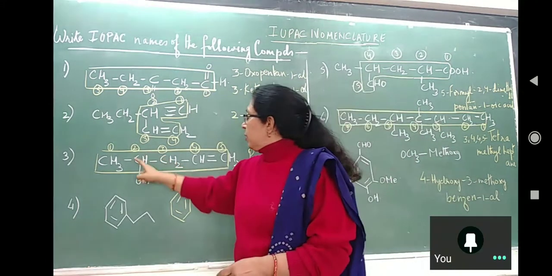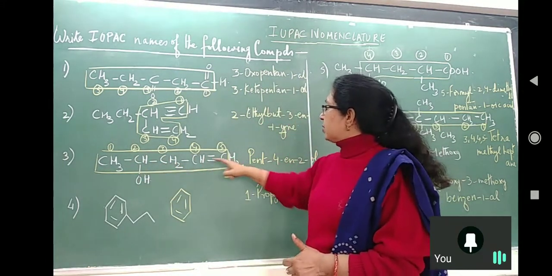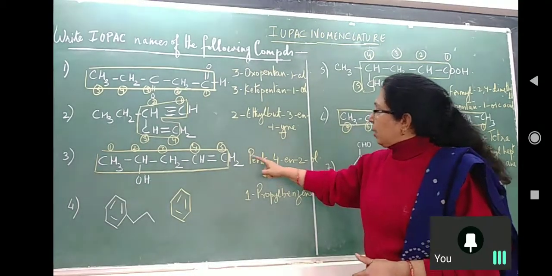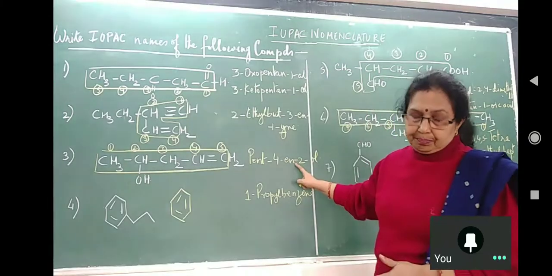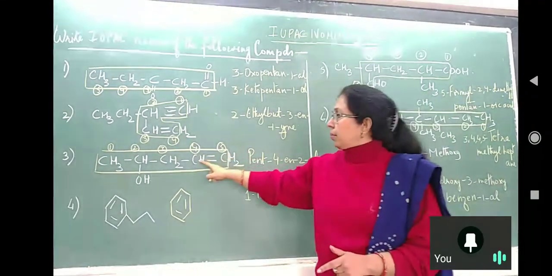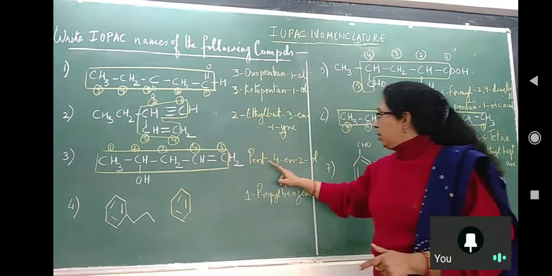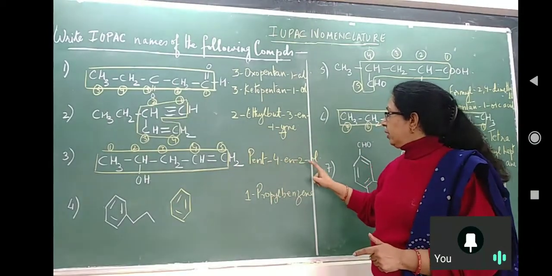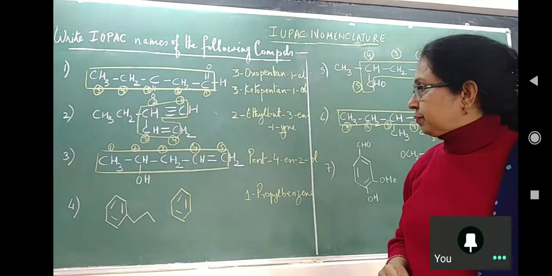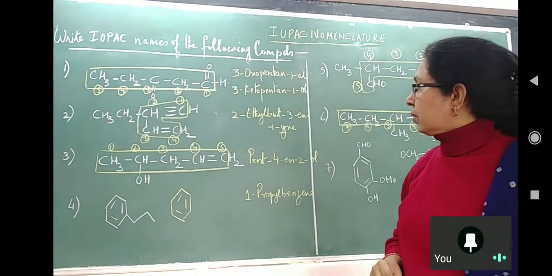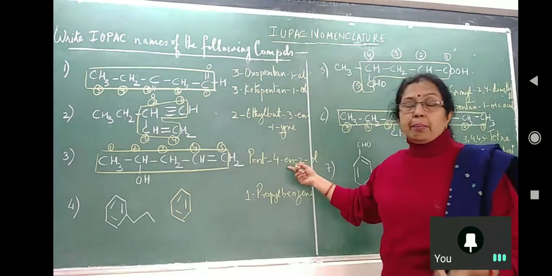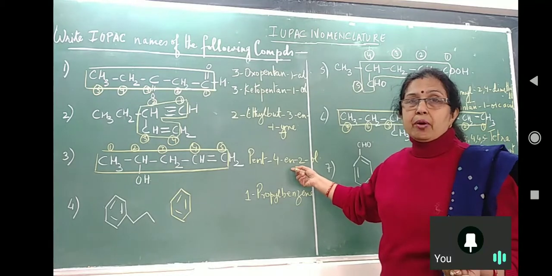So the root word becomes: there are 5 carbon atoms, pent, and a double bond is there, so pentene. Where is the double bond? Fourth carbon atom, and 4 in 2 ol. Because the double bond has lesser priority than alcohol.